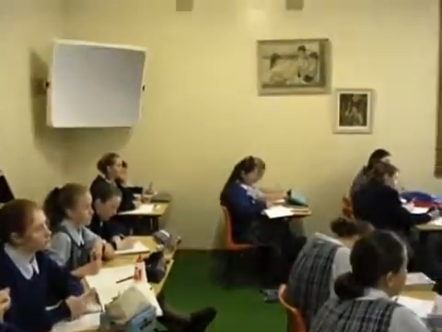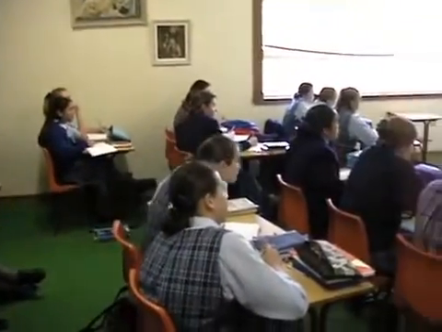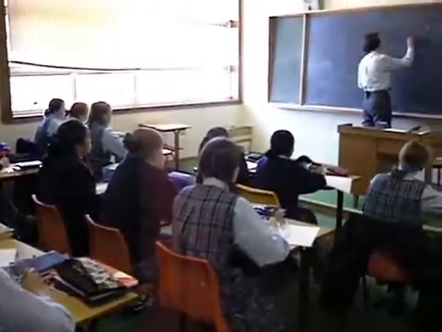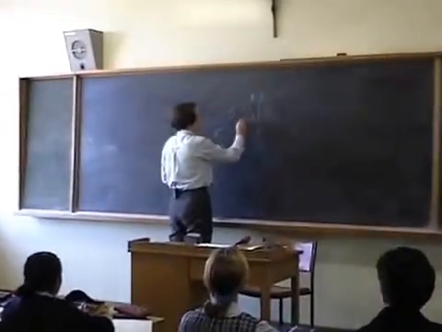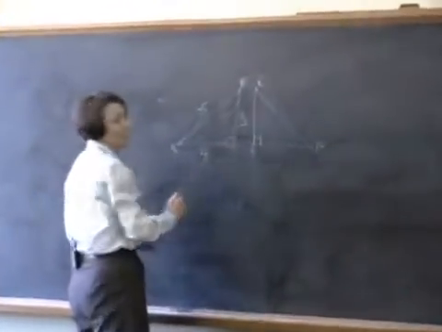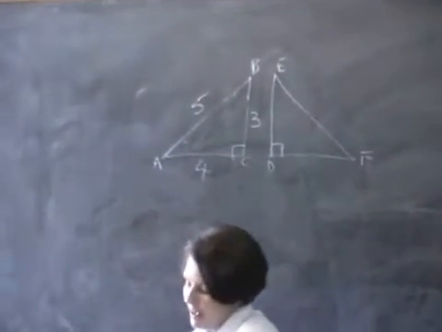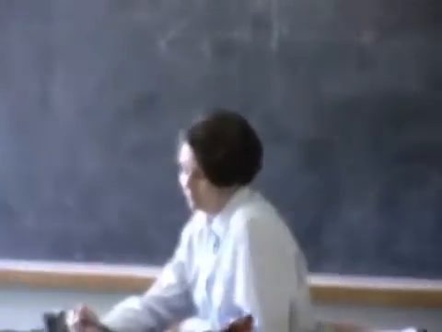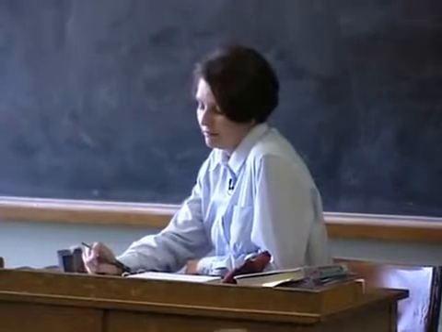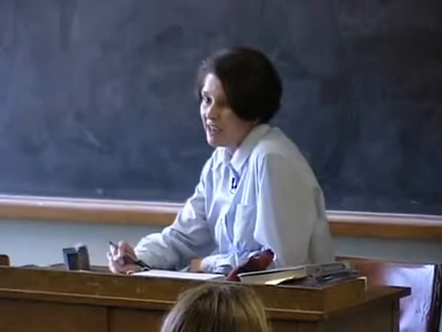And number seven, if AB is 5, and BC is 3, and AC is 4 centimetres, how long is DF? Number 8, how long is EF?